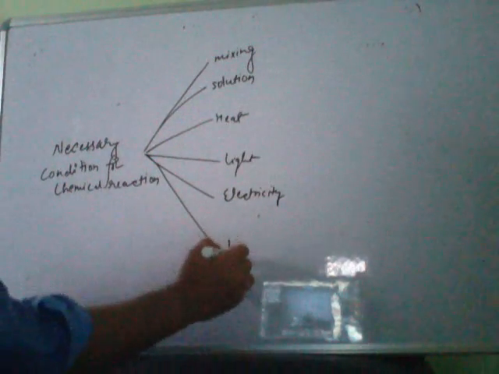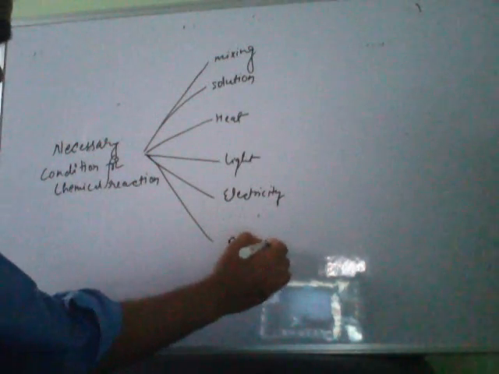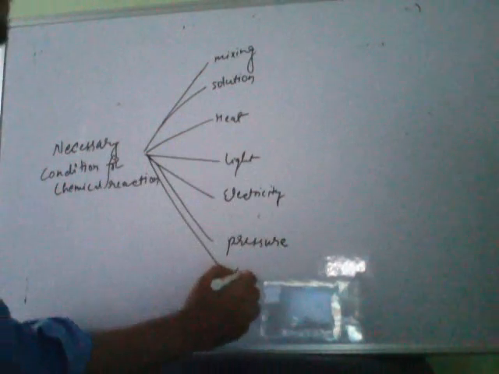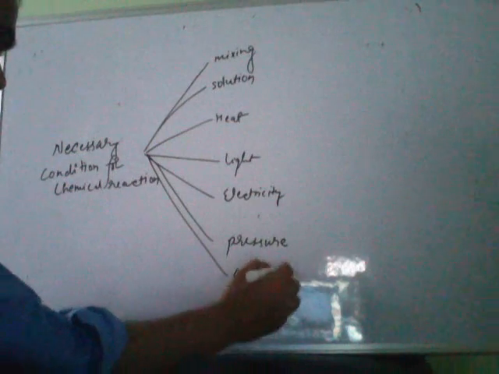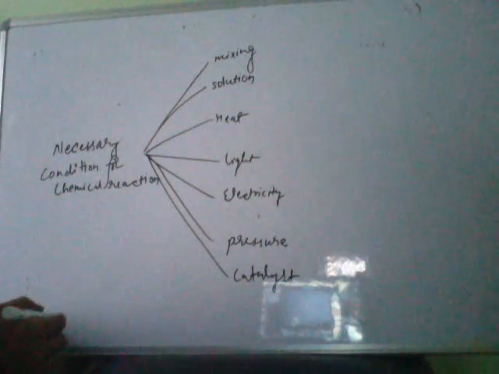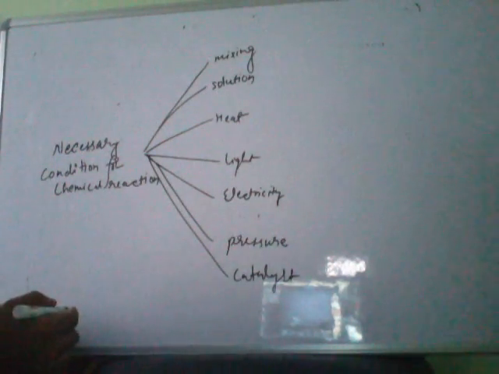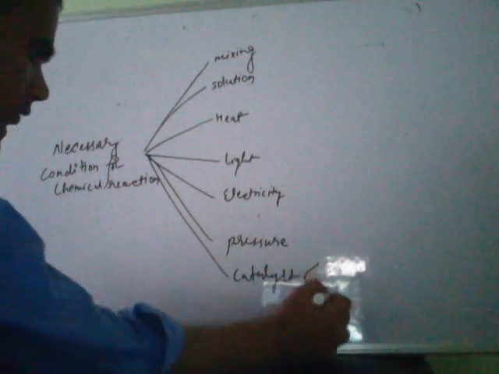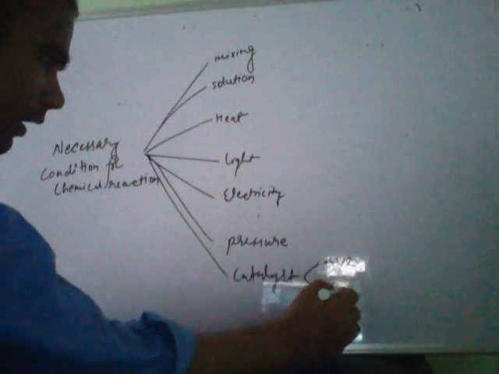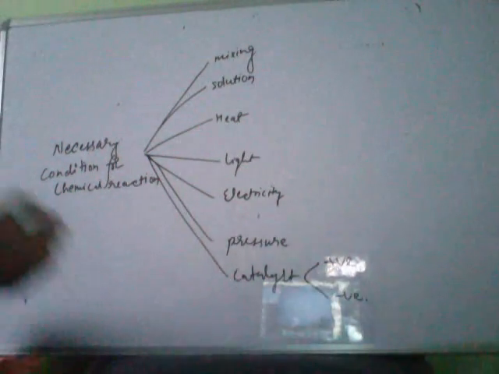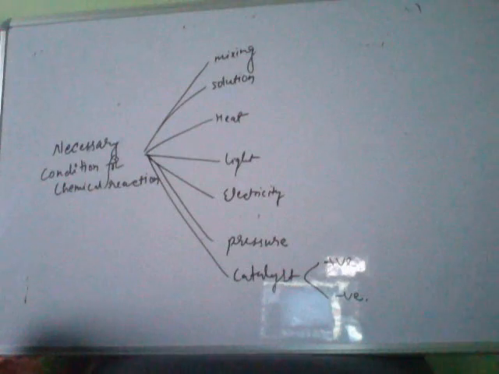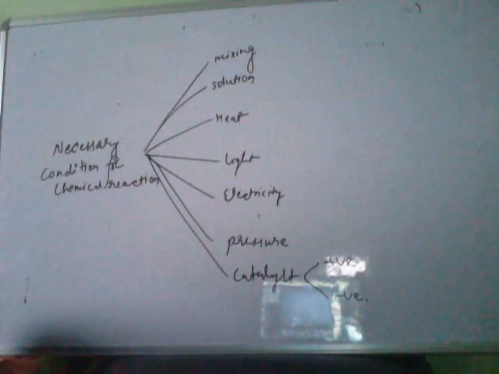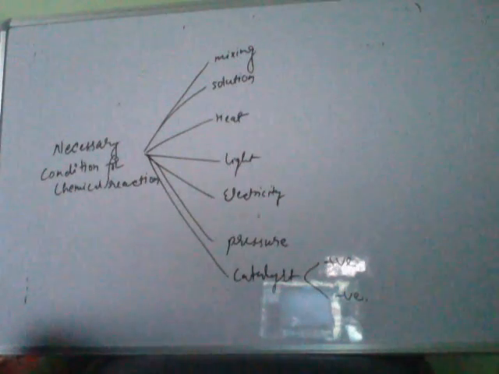The next condition is catalyst, and here we will go for positive and negative catalysts. Necessary conditions mean that in the absence of these, the reaction would not take place.